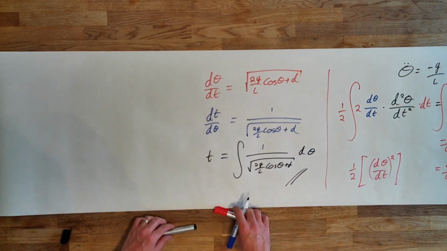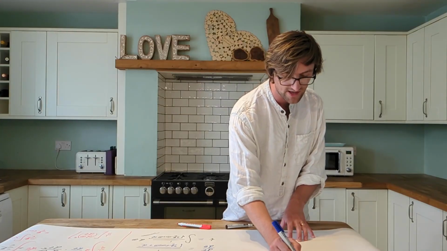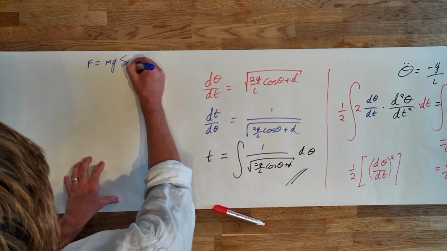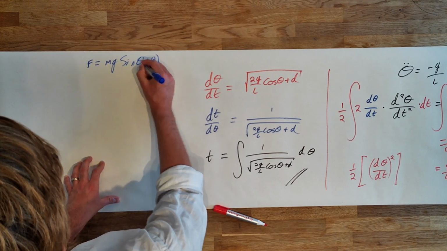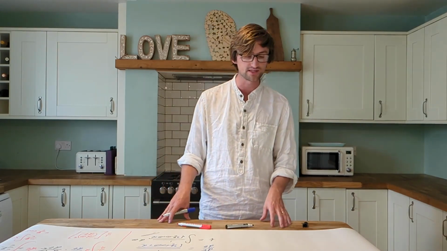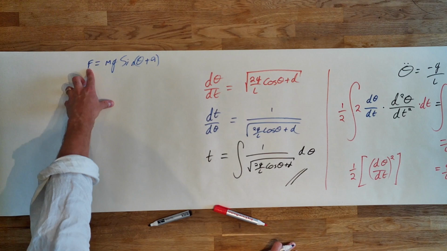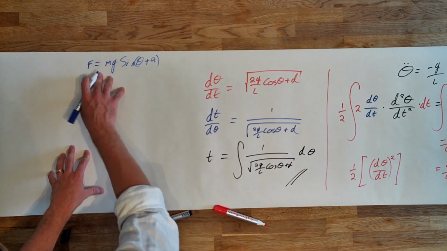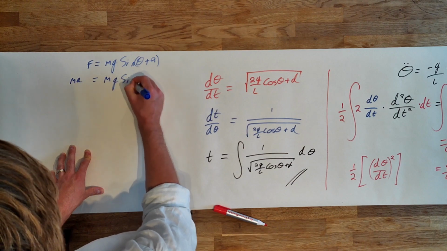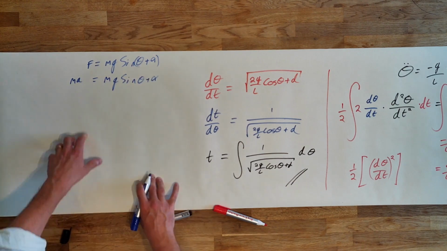And that, I think, is going to let me calculate everything else if I now come back to this part over here. So we have that F is equal to mg sine of (theta plus alpha), and by making use of the same ideas that we had earlier on, we can say that F is equal to ma, so this is equal to mg sine of (theta plus alpha).